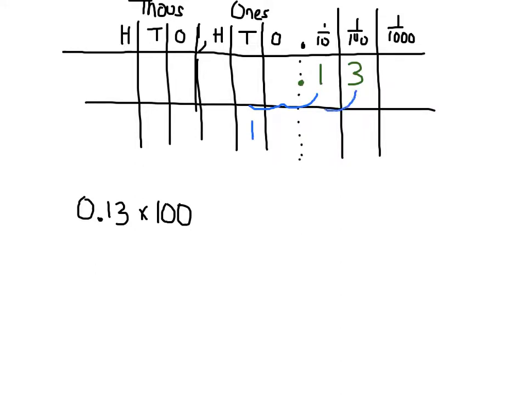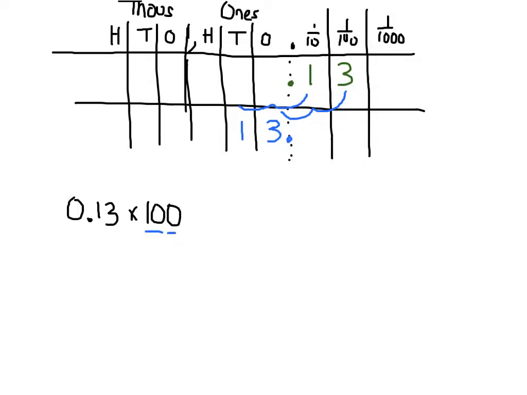My 3 is getting 100 times larger, 2 places to the left. There it is. My decimal point stays put. The number of zeros actually tells me how many places I'm going to be moving my digits. And so I'm going to end up with that answer of 13. And there's my decimal point if I want to place it.